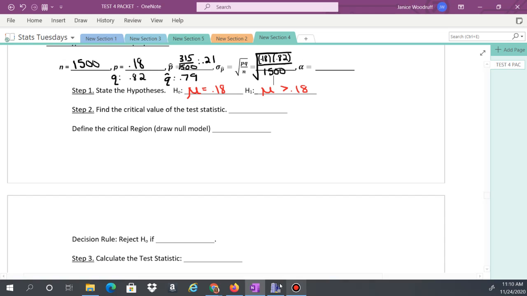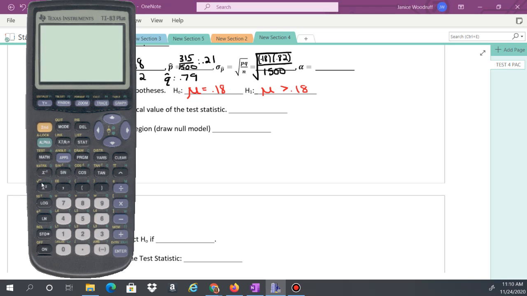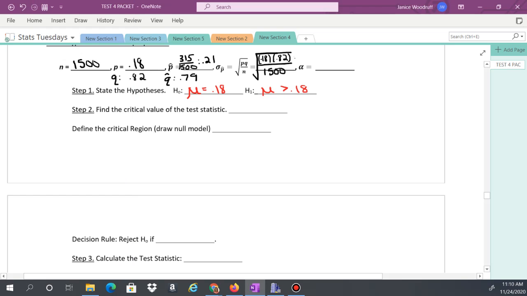So let's go ahead and do that calculation. So square root of 0.18 times 0.82 divided by 1,500. So it's going to give me 0.0099. Okay, that's going to be my standard deviation of p-hat.